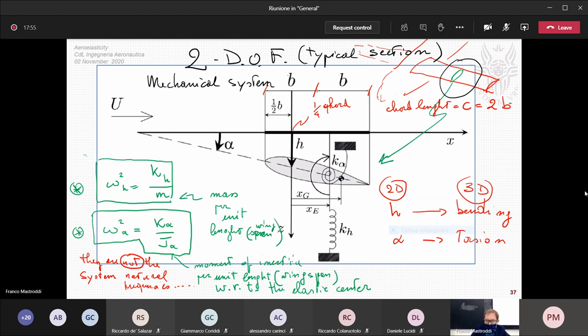And the total length of the chord is c. Okay? And that's all for the description of the system.